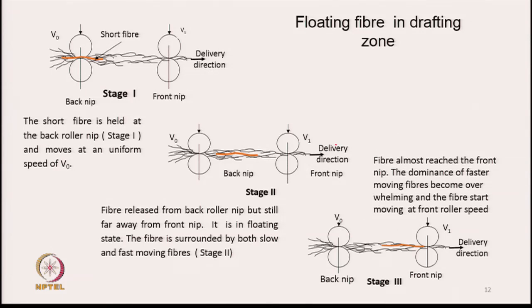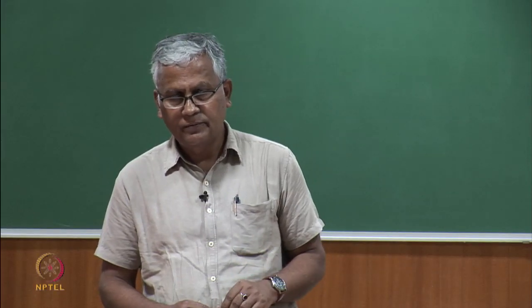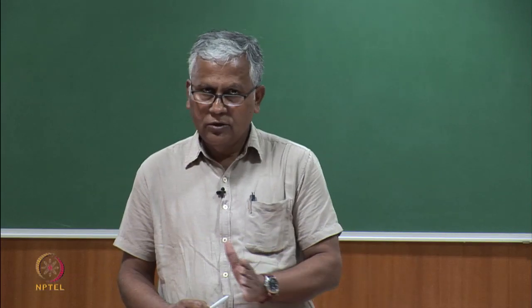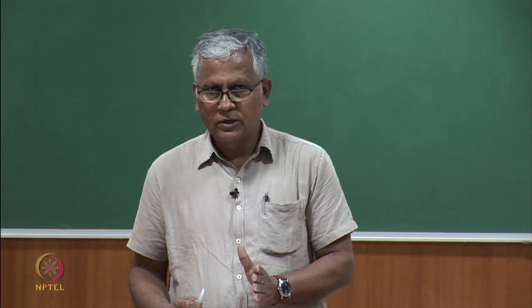accurately, but roughly we can say that as long as the short fiber, the floating fiber, remains closer to the back roller nip, but not nipped by it, most of the surrounding fibers will be moving at the back roller speed, because closer to the back roller nip, the majority of the fibers will be moving at the back roller speed.